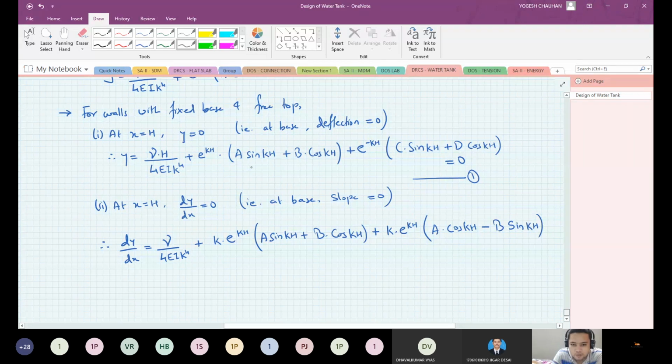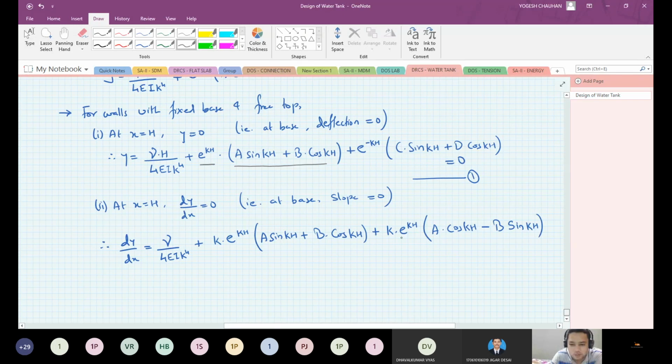Okay, keeping this as constant, let us first differentiate this. So it will be k times e raised to the power kh into 1 into a sin kh plus b cos kh. Then you keep this as constant and differentiate the other term.